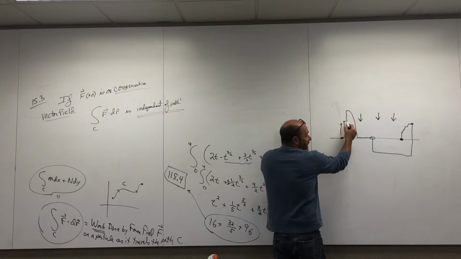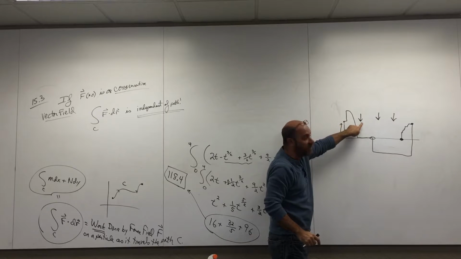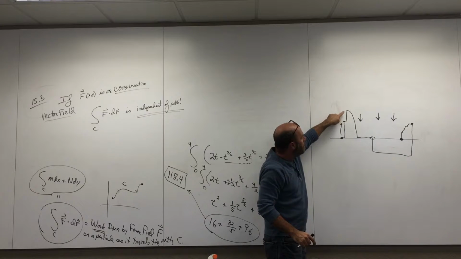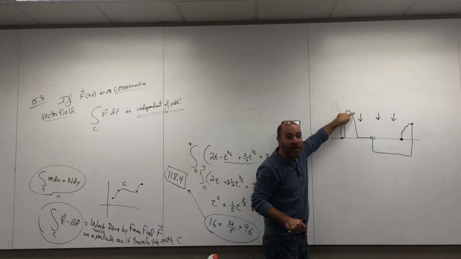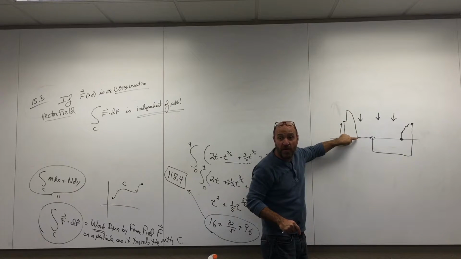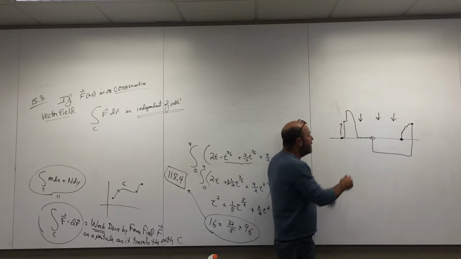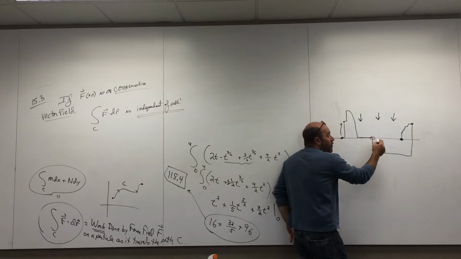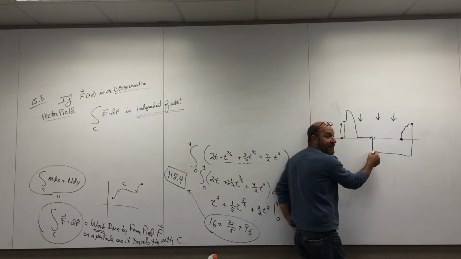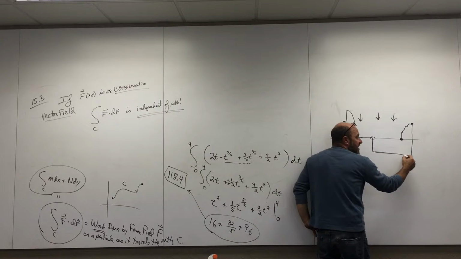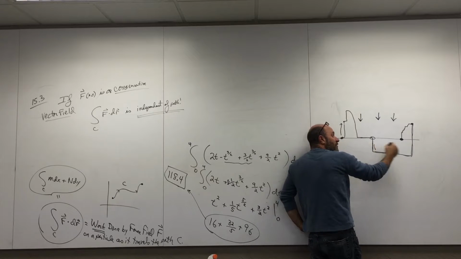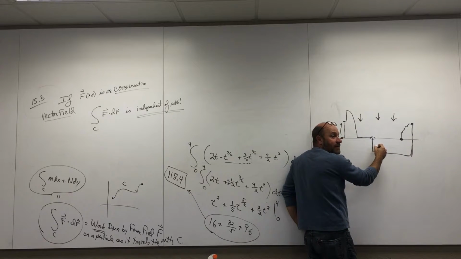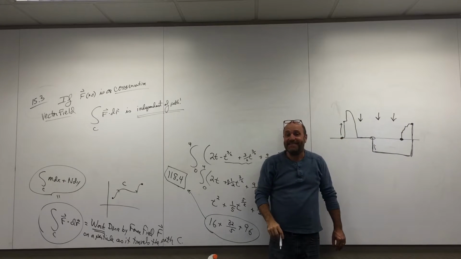Then this was nothing, because it was perpendicular to the vector field. And then there's some more negative work. But then all that negative work got canceled out when I jumped down here. There's a bunch of positive work that canceled out that negative work. And then all this was nothing. Now here's some positive work, me going down in that secret tunnel. All this is nothing. All this counteracts all that. The net result is 0.